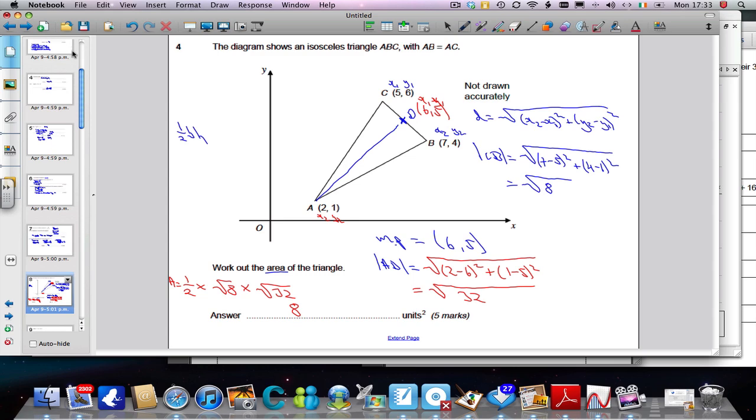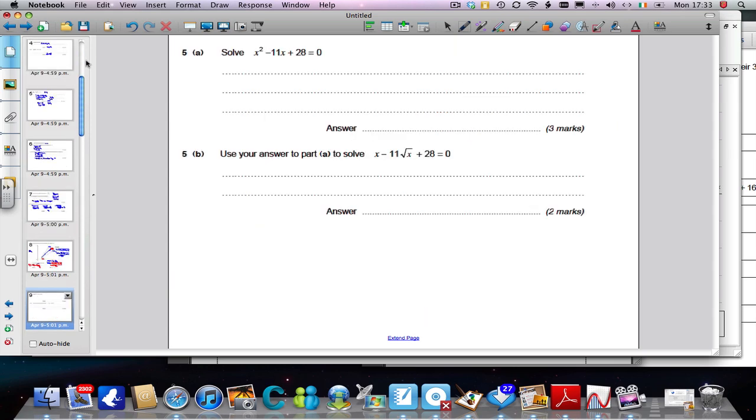Okay, so moving swiftly on, we're asked to solve this quadratic. Well, I'm going to take two numbers that multiply to give me 28 and add to give me negative 11. Two numbers that multiply to give me 28 is going to be minus 7 and minus 4.